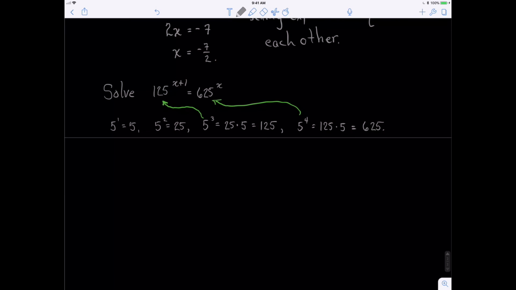All right, so let's proceed now. I'm going to rewrite the equation as 5 cubed raised to the x plus 1 equals 5 to the fourth raised to the x. Now, we have an exponent raised to an exponent on both sides of the equation, so we multiply exponents.